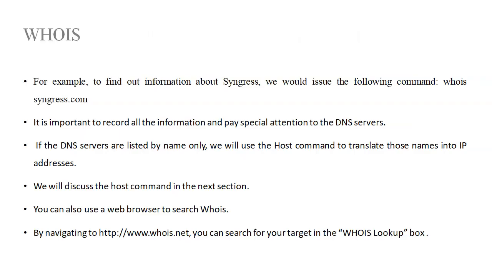Next, for example, to find out information about Syncris, we would issue the following command: whois space syncris.com. It is important to record all the information and pay special attention to the DNS servers.